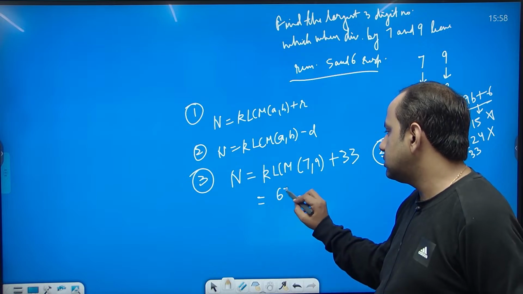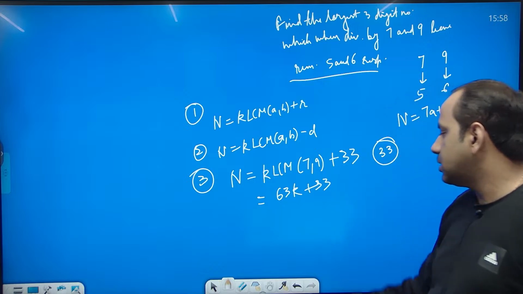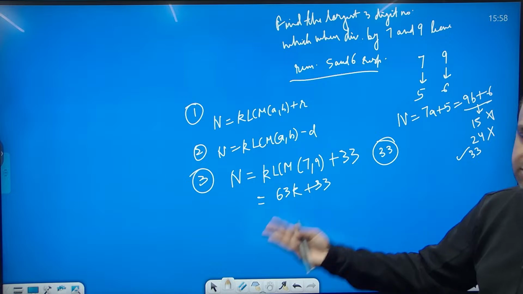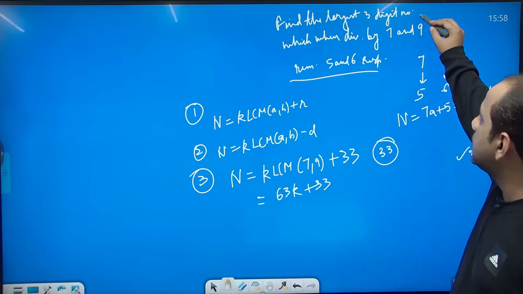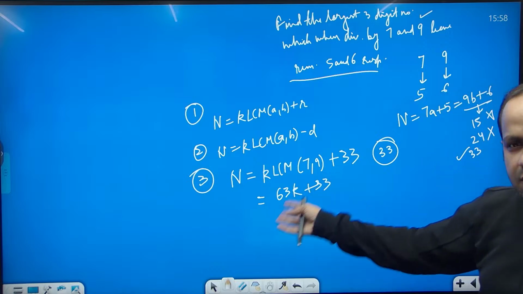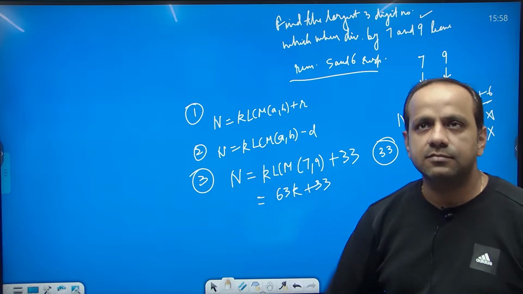So it should be 63K plus 33. Okay. So that if I put K as 0, we will get the first number. K as 1, we will get the next, and so on. So in this case, we need to find the largest 3-digit number. So we have to put K equal to, it should be somewhere around 14 or 13 or 15. Okay. I hope now you can do this. Clear?